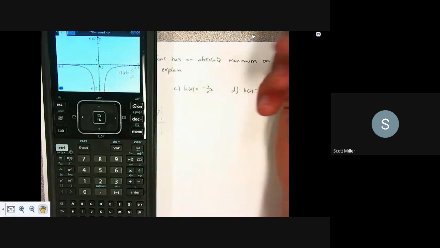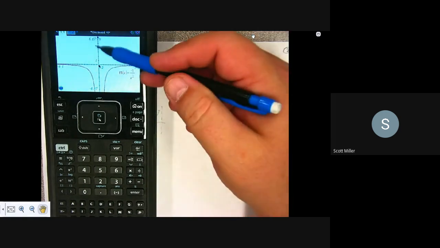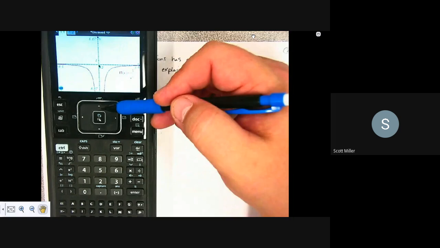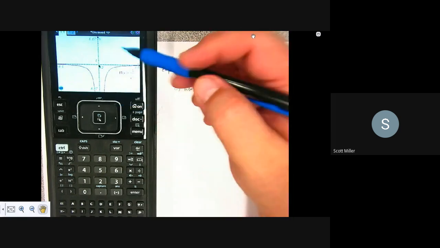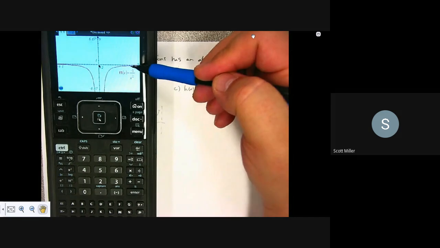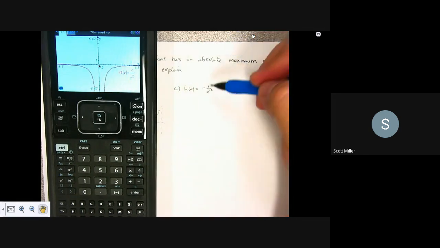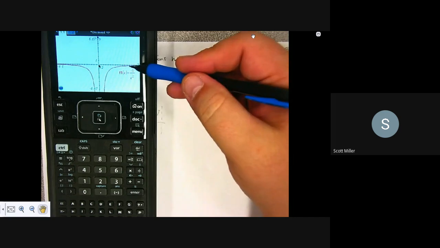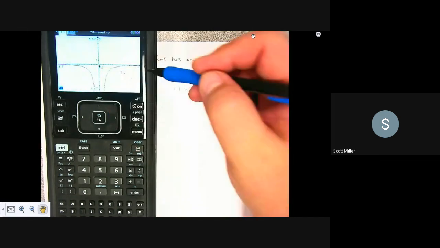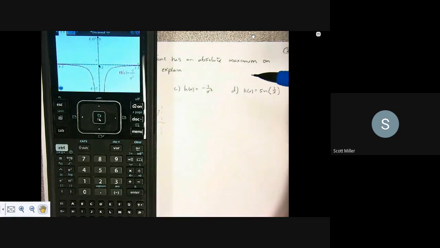And the answer is yes. It's going to occur even though it's not continuous in the middle. I have a vertical asymptote here. I'm asking for an absolute maximum, and it will have one, whatever that value is at 3. So if I plug in 3 in here, I'm going to get -1/9. So that is the maximum value of this curve at the endpoints. So this one does indeed have an absolute max.